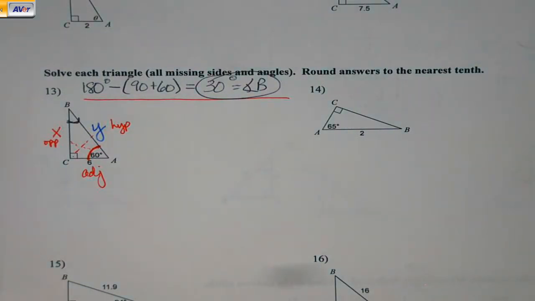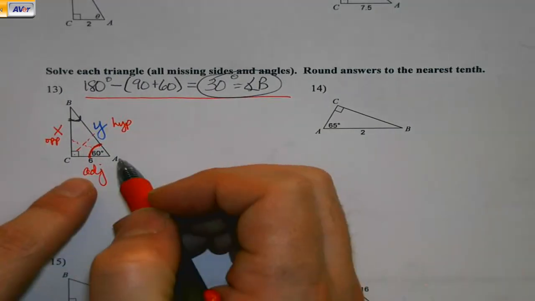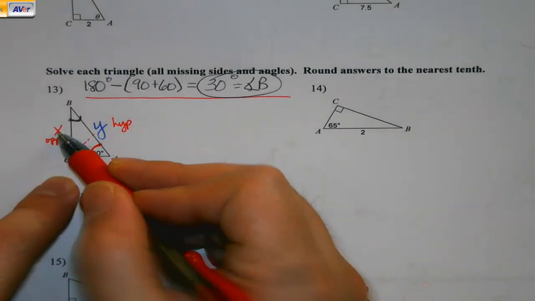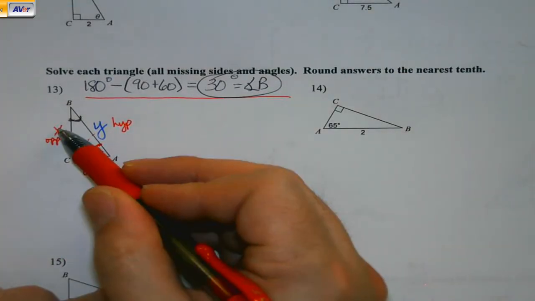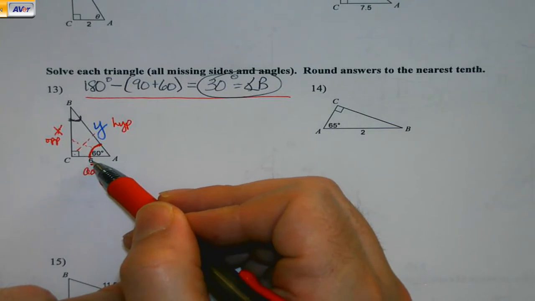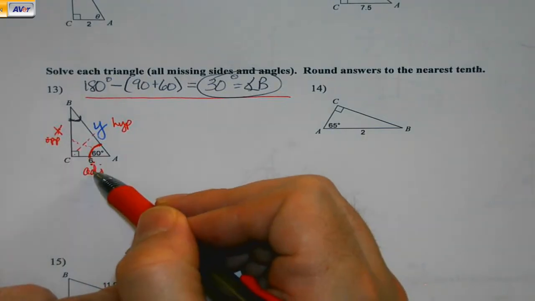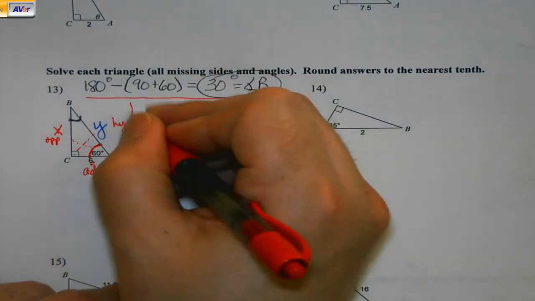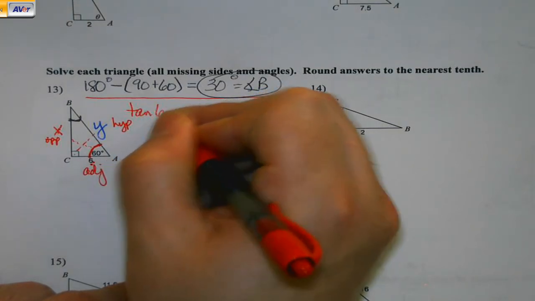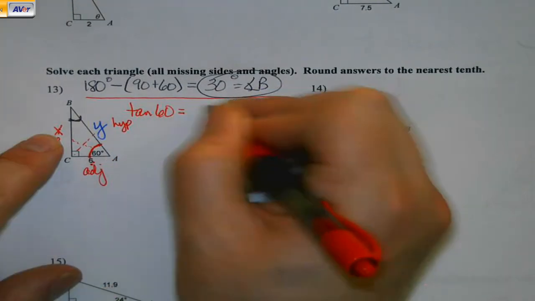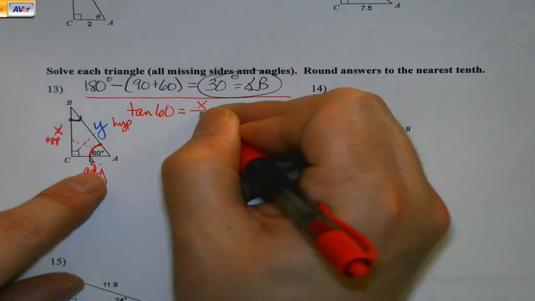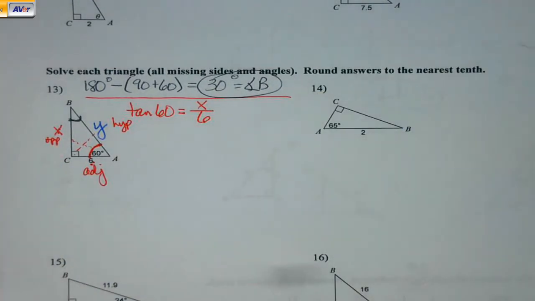Could I have used the 30 with my b? Sure, but my sides would have been labeled differently. So I look at this and I go, okay, for x, I got opposite and I got adjacent. Because I got the x and I got the 6. Opposite and adjacent is tangent. So the tangent of 60 equals opposite over adjacent.